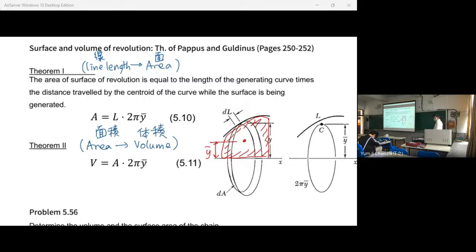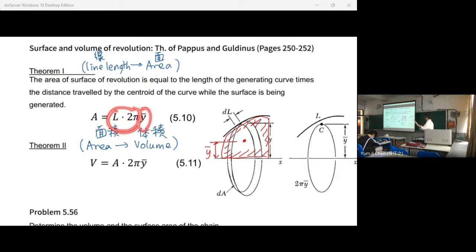Now, let's talk about theorem 1. The area of surface of revolution. Let's talk about the equation first. It is L times 2 pi y bar. So here we have the multiplication of 2 pi, L, and y bar.